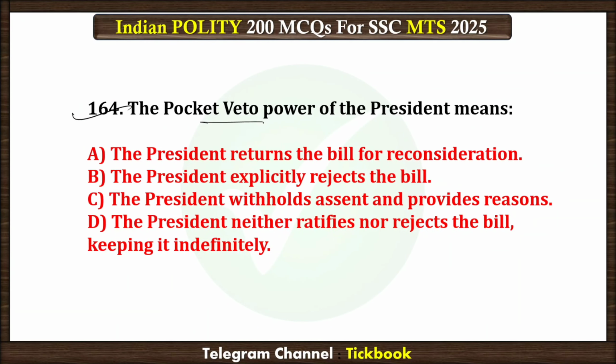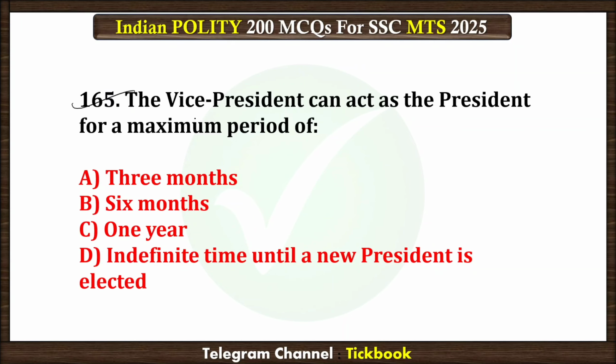The pocket veto power of the President means option number D, the President neither ratifies nor rejects the bill, keeping it indefinitely. 165. The Vice President can act as the President for a maximum period of 6 months. Option number B.